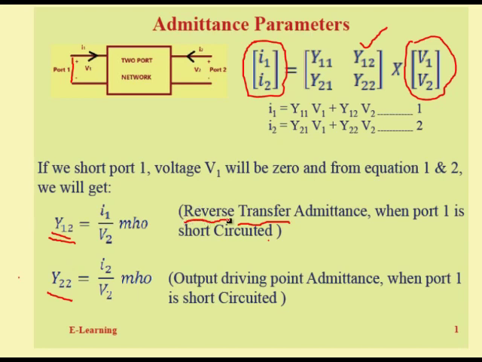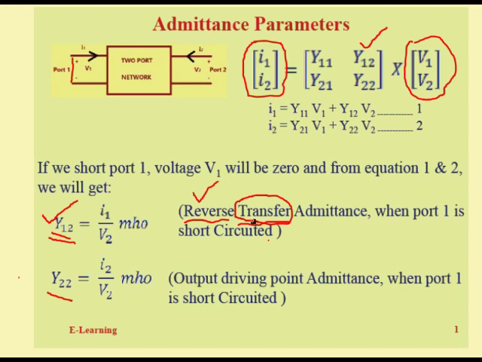So because two ports are under consideration, we use the word transfer, and because port 1 comes first, we use the word reverse. Hence we call it reverse transfer admittance. This trick is very useful to remember its nomenclature, remember its significance.